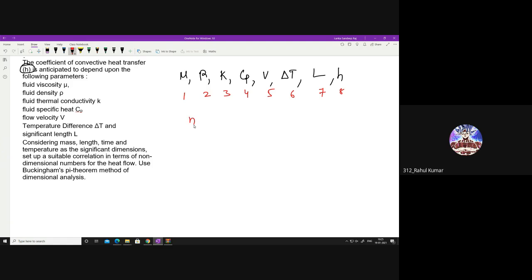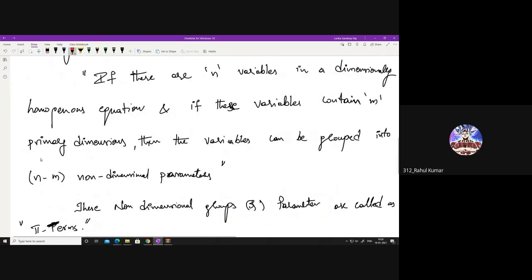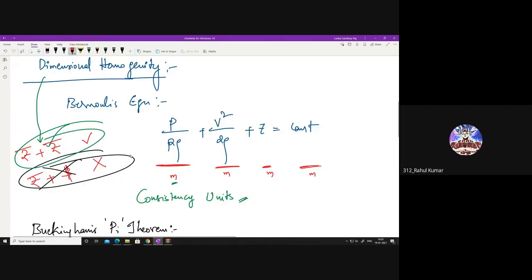So what is our n here? N is equal to 8 in this question. There are n variables in the question. Now, what you can do is group them into m number of primary dimensions. What are those m primary dimensions?